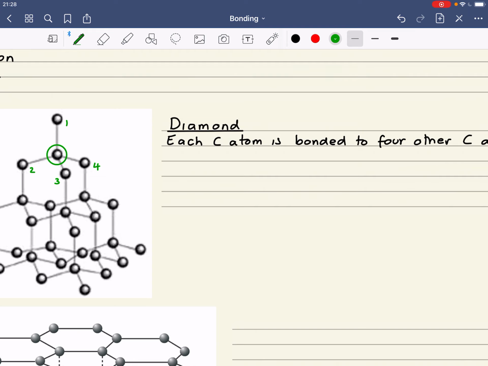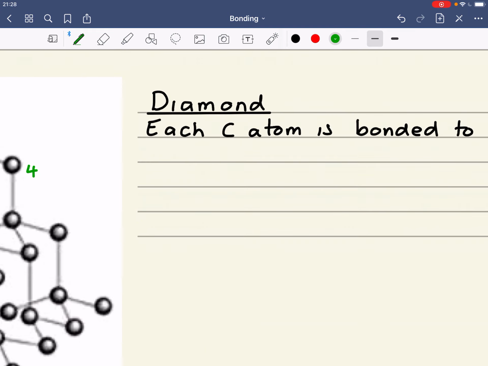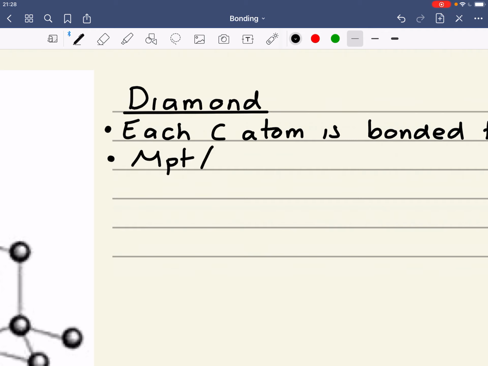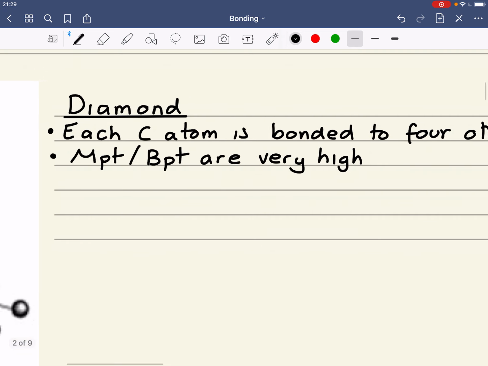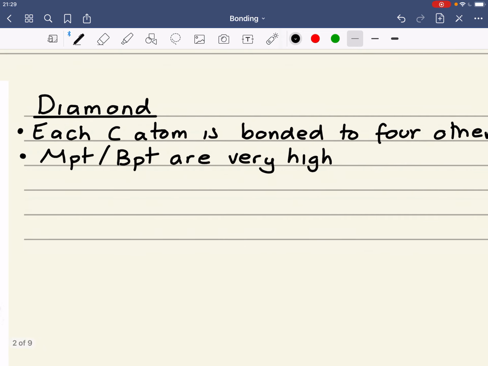Now, the physical properties we need to look at is, firstly, the melting point. The melting and boiling points are very high. Again, if you've got the word high in there, we should have the word strong somewhere. If you're asked to explain why it's got a very high melting point, we need to put the word strong in.